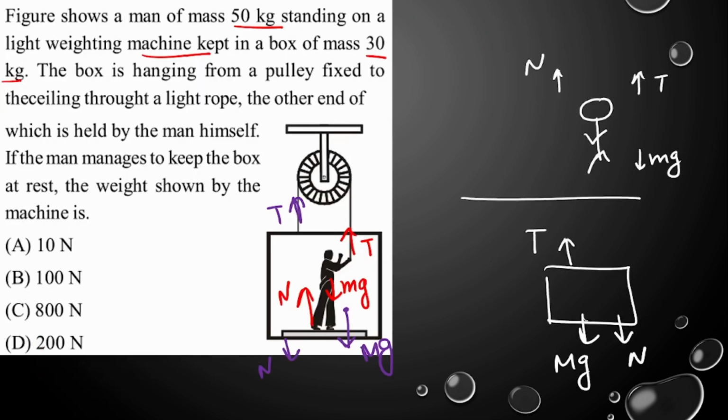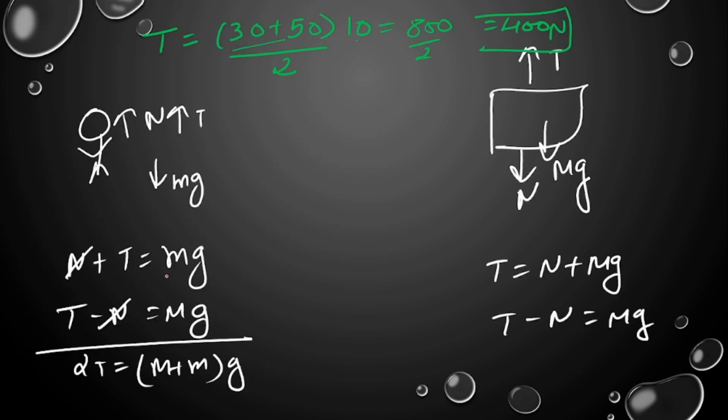So tension will be 400, but tension is not asked. What is asked is the weight shown by the weighing machine. What is the weight shown? Weight shown is N. And what is N?